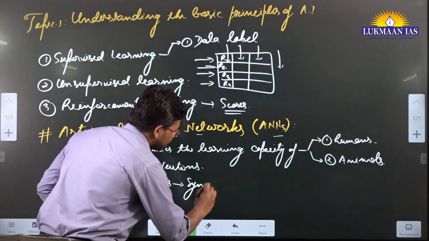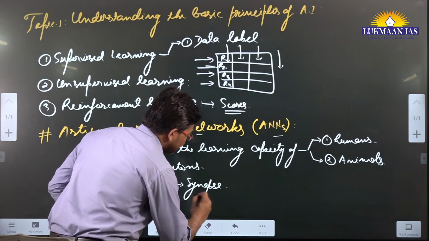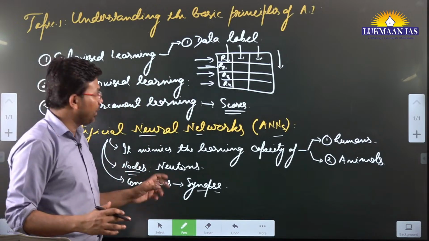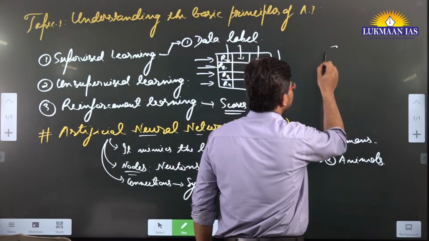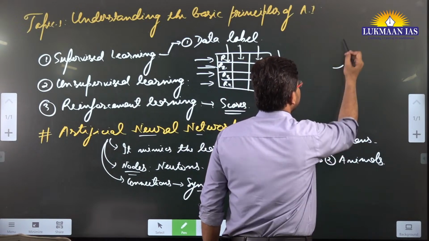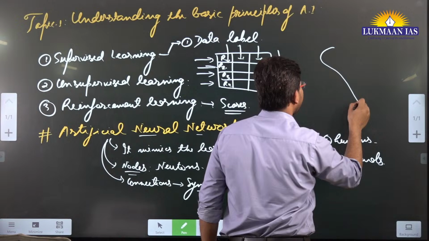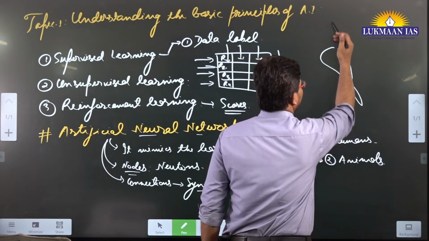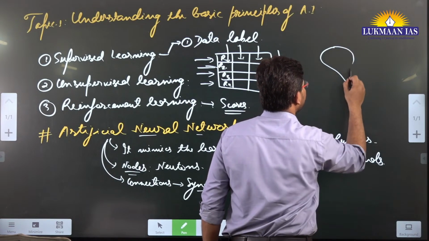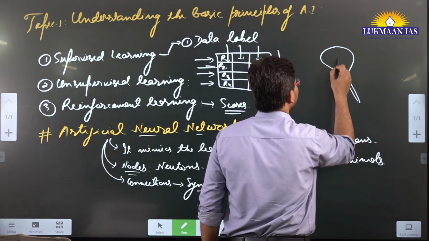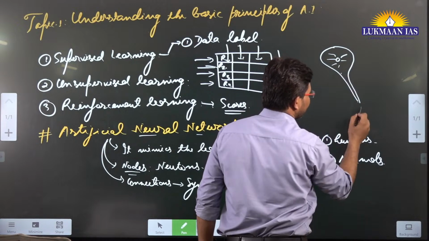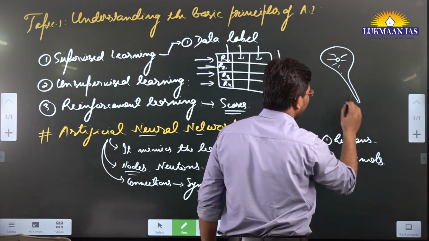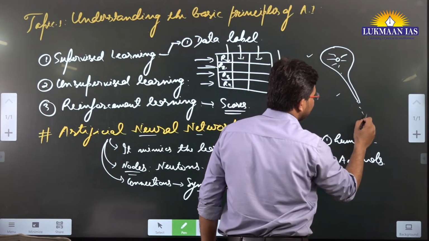What are synapses? A synapse is a gap between successive neurons. For example, let's say this is a neuron. This is just a rough diagram. This is one neuron, it has various parts, and there are gaps also.